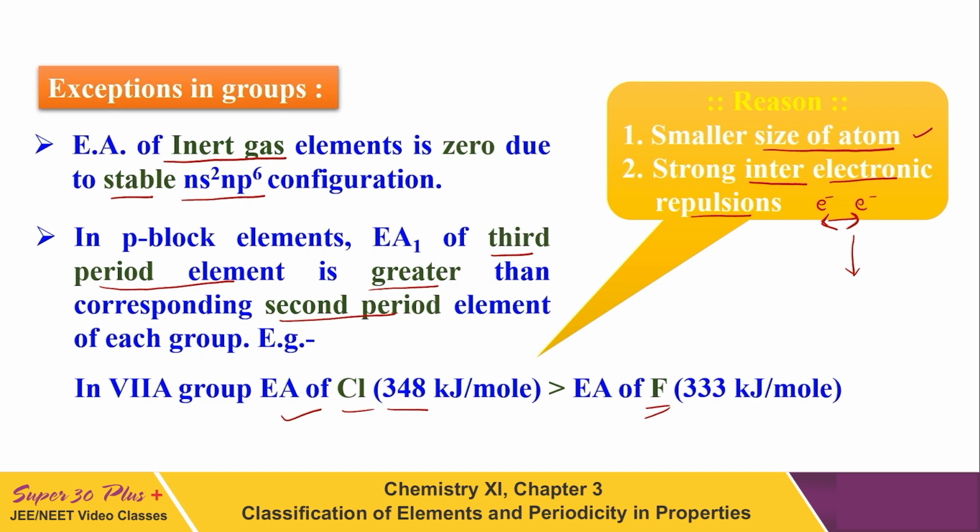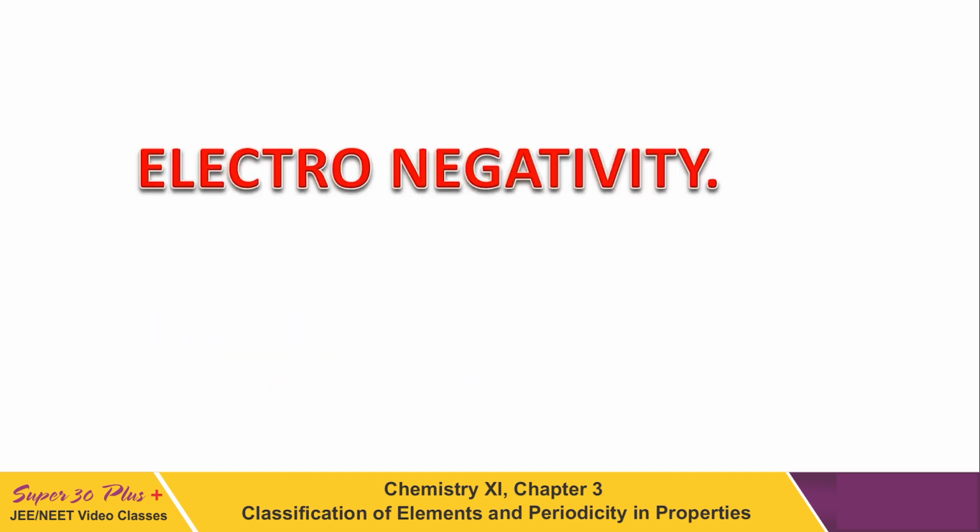For species like fluorine, because of the very small size, electron density becomes very high, and because of the strong electron-electron repulsion, their electron gain enthalpy decreases in comparison to the member of the respective third period. Alright, so this was all about electron gain enthalpy.